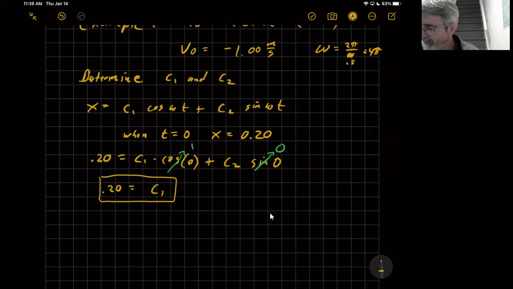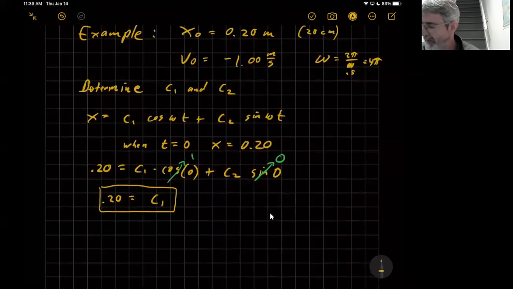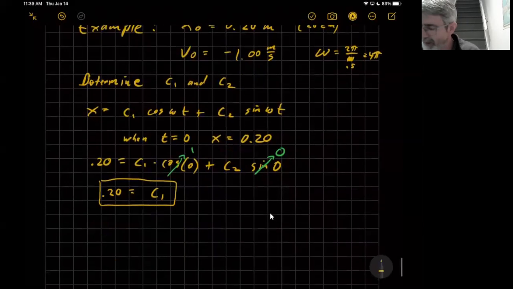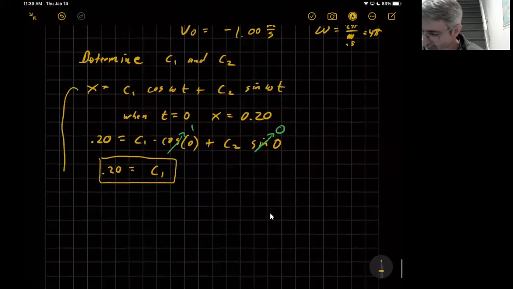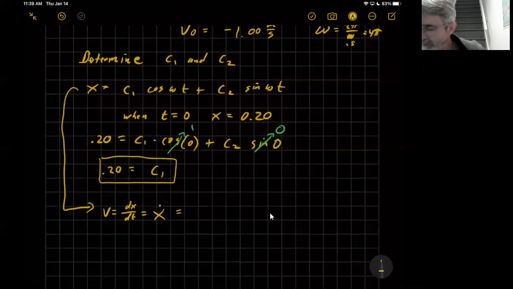We can't substitute in that the velocity is -1 until we have the velocity equation. So what we're going to do is take the derivative of this. So v is dx/dt, which notationally we often write as x dot now. If you have C1 cosine omega t, we know that C1 will remain.